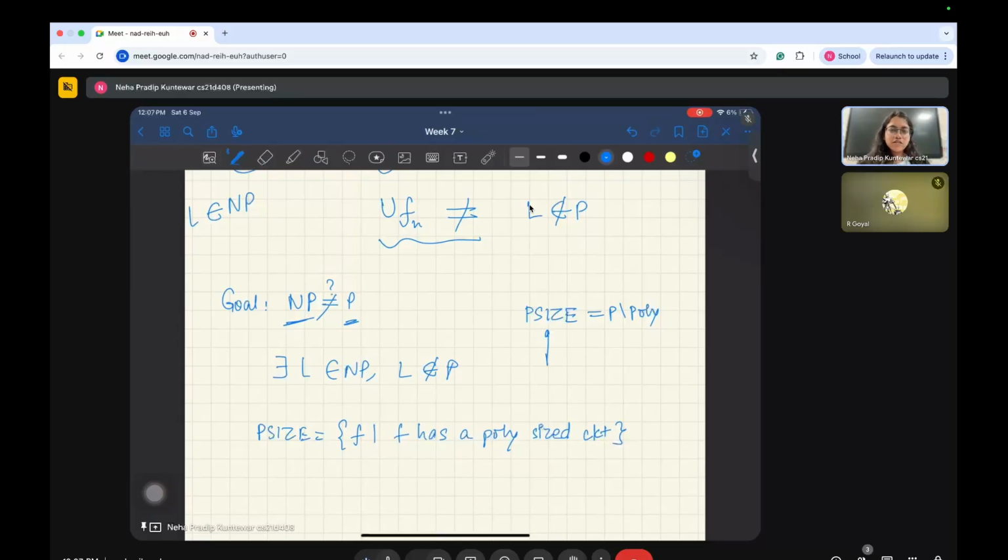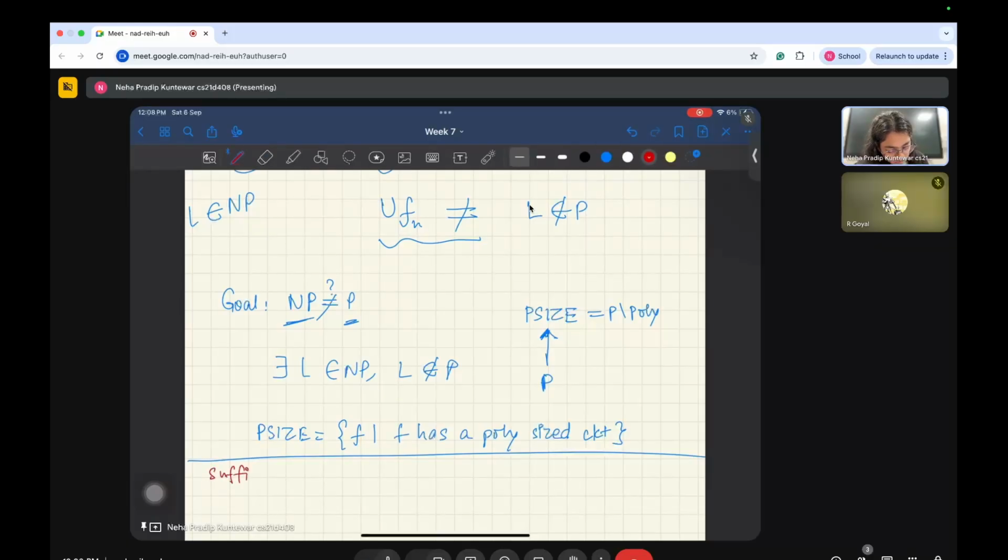So this is the discussion that we had earlier: we know that some functions have polynomial size circuits, but there are functions that do not have polynomial size circuits. So this is just the collection of circuits that have polynomial size. And this is some other definition that I'll not get into, but you might have done this if you did Karp-Lipton. And we know that P is in P-size.